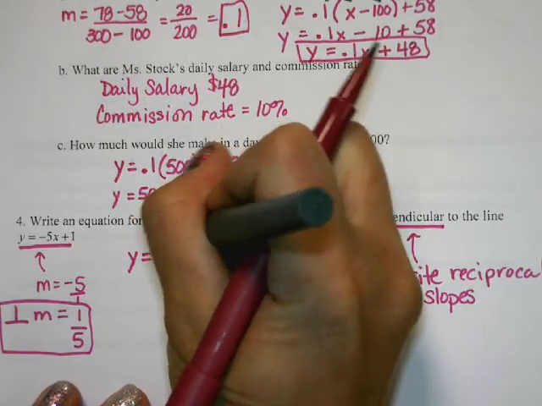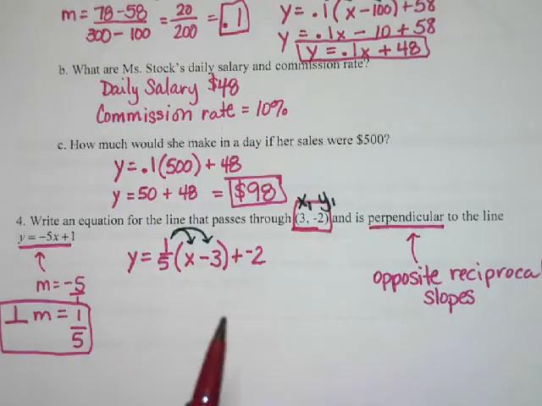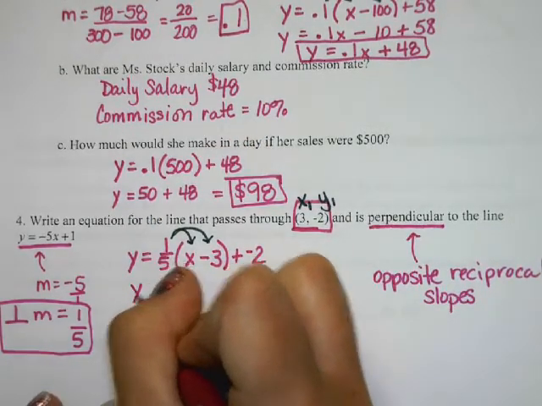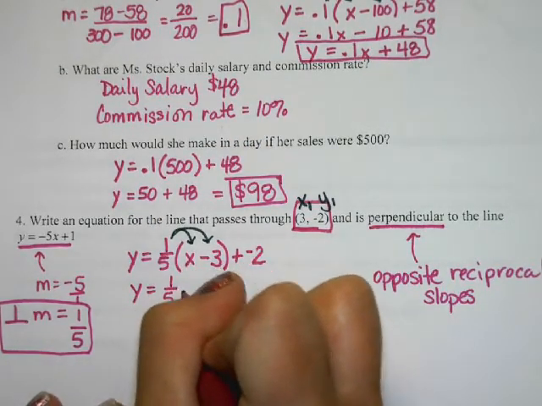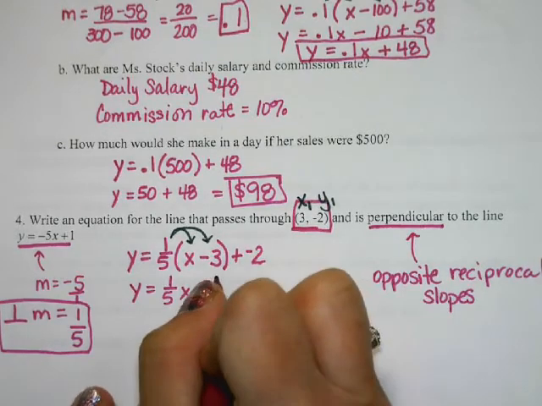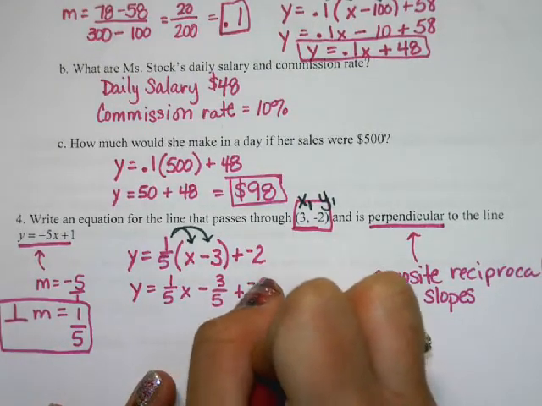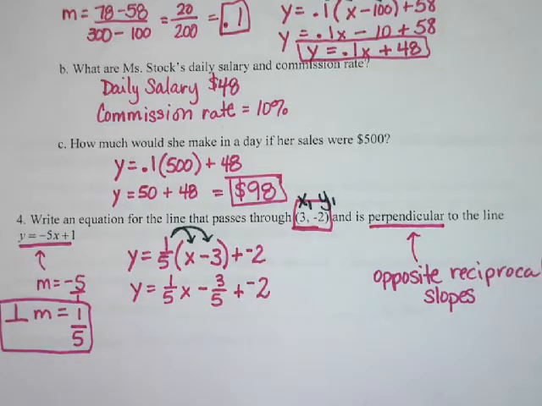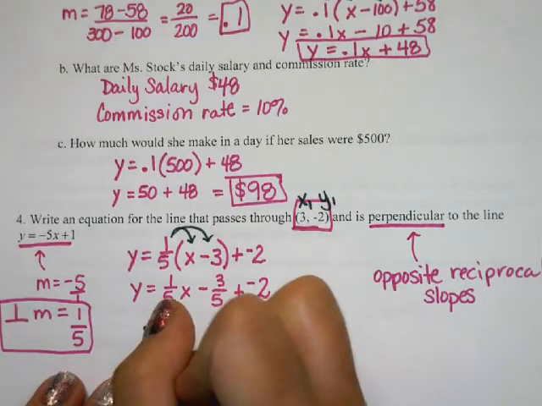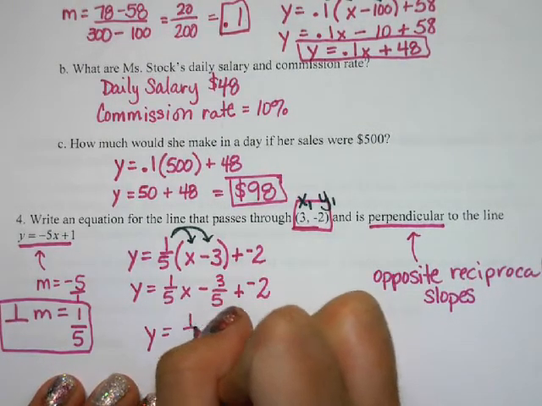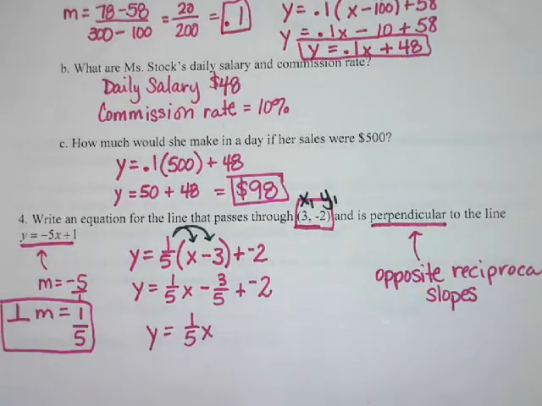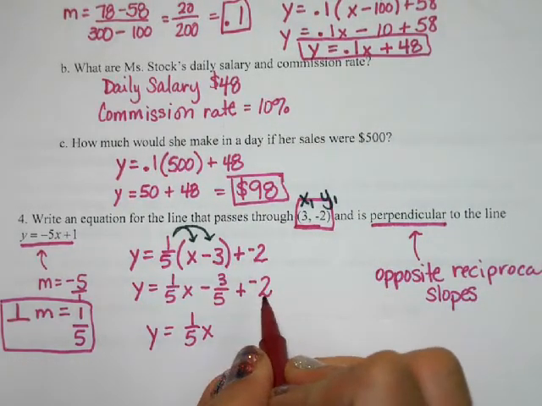All right, distribute. y equals 1/5 x minus 3/5 plus a negative 2. And combine like terms, so I have 1/5 x. I have a negative 3/5 and a negative 2.